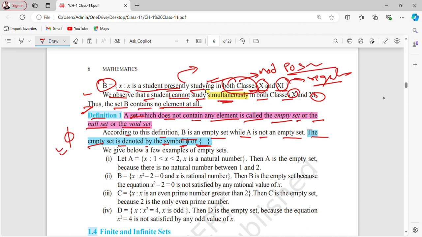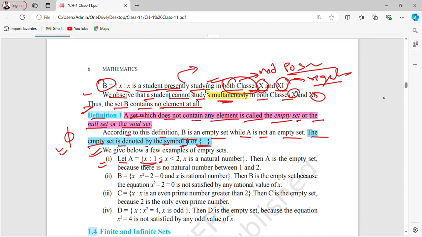Let's understand the empty set with some examples given here. Number one: let A be the set of x such that 1 is less than x less than 2, where x is a natural number. Then A is the empty set because there is no natural number between 1 and 2.